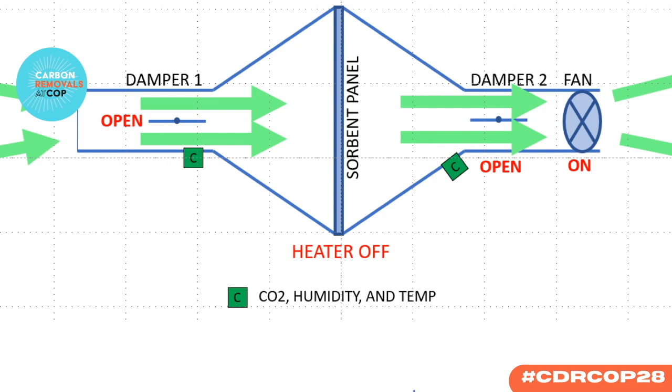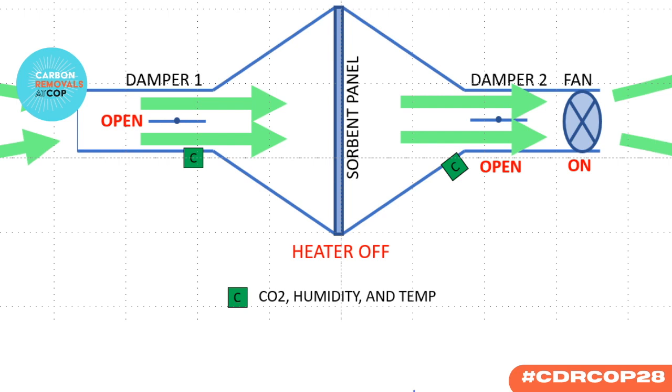So what we have with Epiphyte is technically called a thermal vacuum swing adsorption methodology, where in the adsorption phase, which is shown in this drawing, you blow air through this ductwork, and in the center is a sorbent panel that has sorbent.